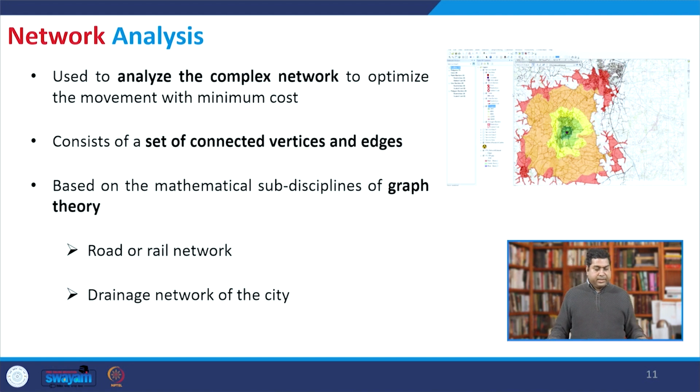Next up is the network analysis, which is very common and people use it. This is used to analyze a complex network to optimize the movement with minimum cost. This network can be a drainage network, an electrical network, or a road network.